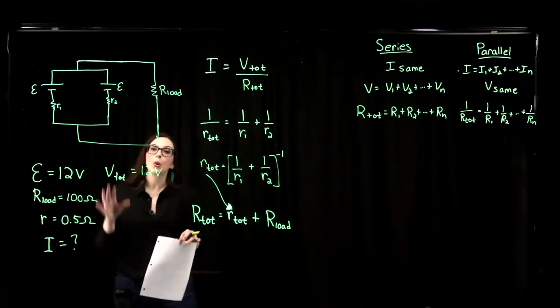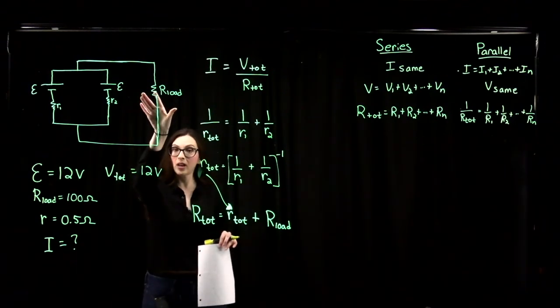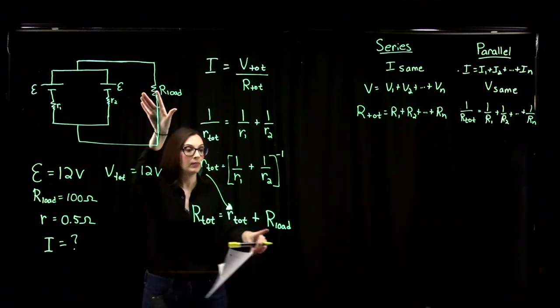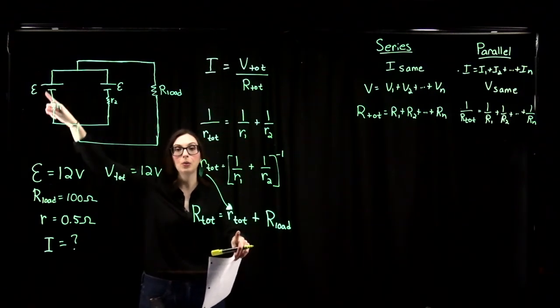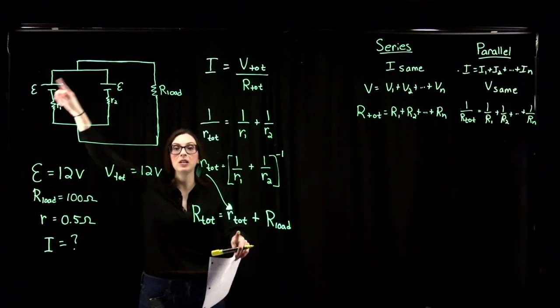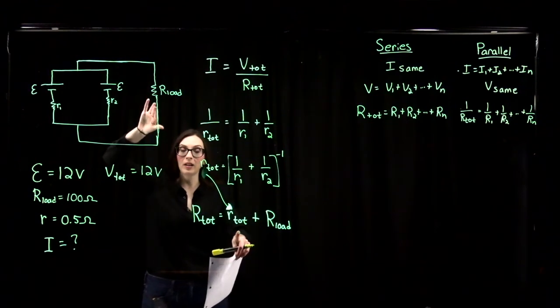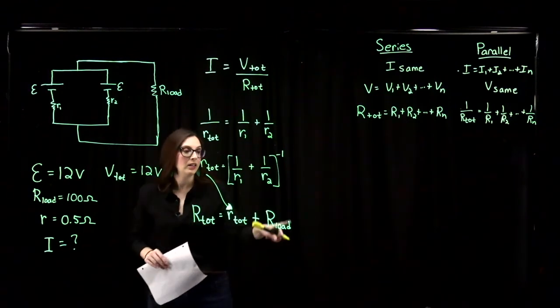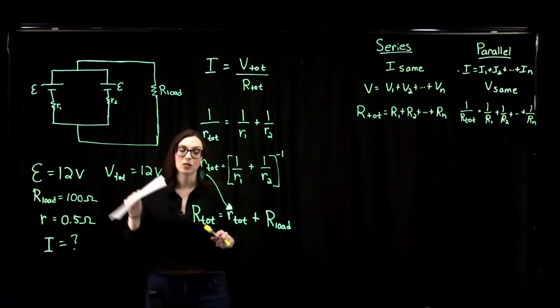Okay, so the total resistance of this circuit involves the resistance of this device here plus the internal resistance of these two batteries in parallel. And since these two in combination are in series with this one right here, we can add these two quantities up to give us the total resistance of this circuit.